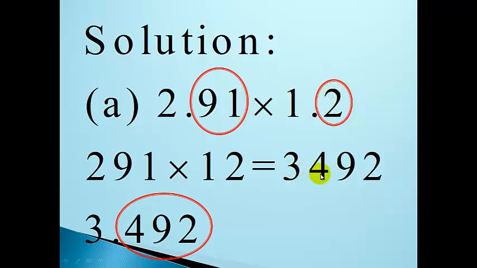That means that 3,492 is equal to 3.492 to 3 decimal places, because the total decimal places of the 2 decimals multiplying is 3.